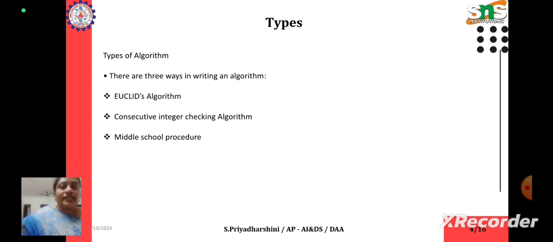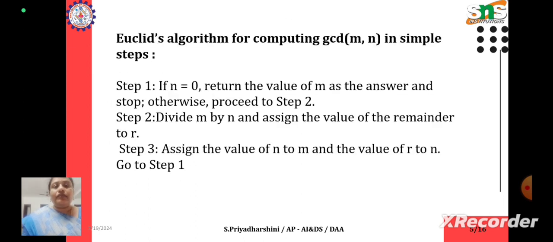Let us consider the types of algorithm. There are commonly three ways of writing an algorithm: Euclid's algorithm, consecutive integer checking, and the middle school procedure. Let's see one by one. Euclid's algorithm for computing the GCD of m comma n can be written in a simple way.